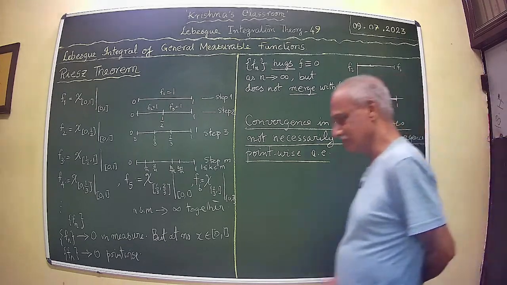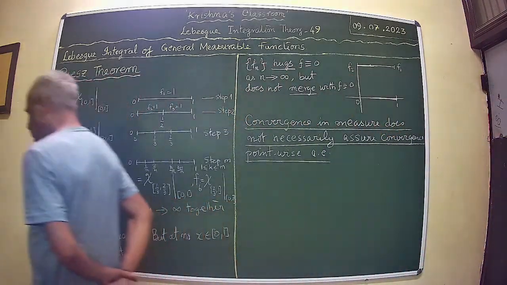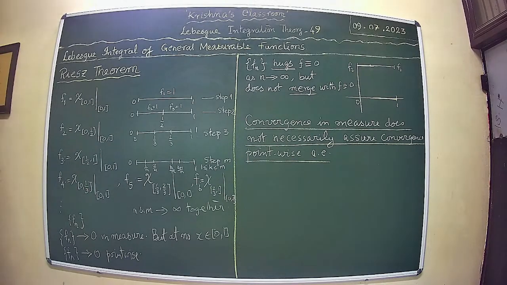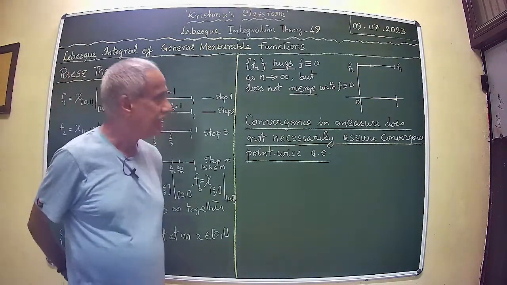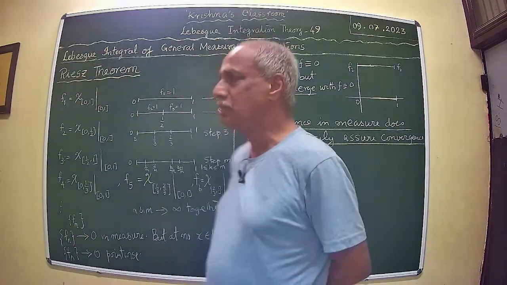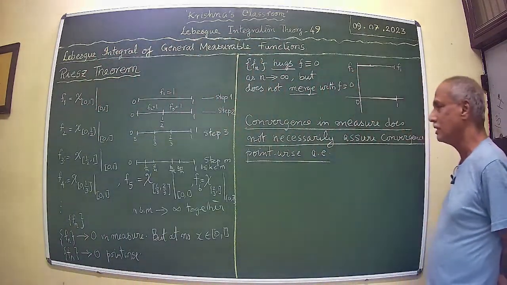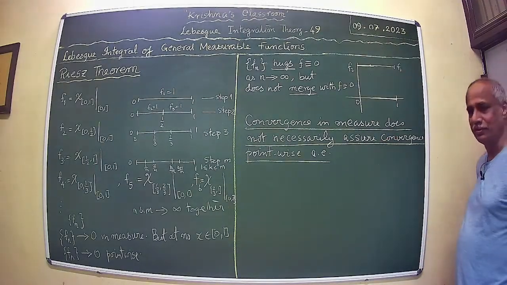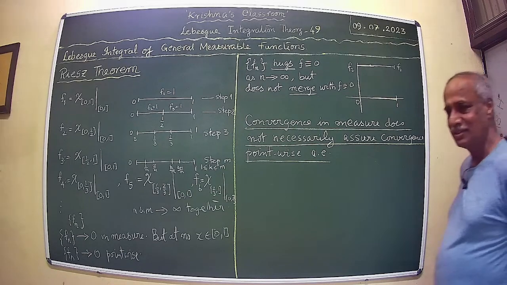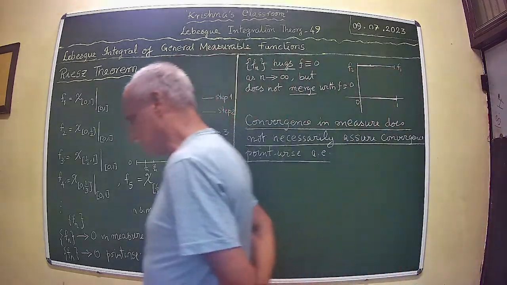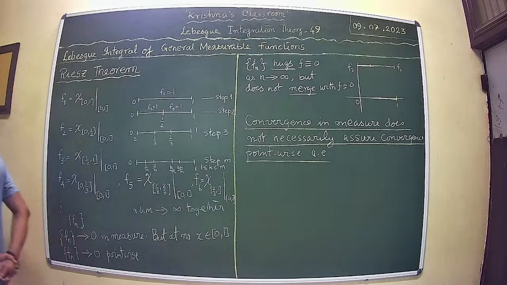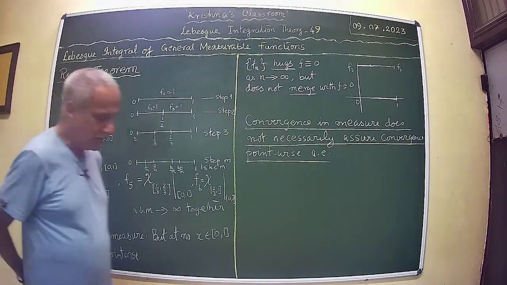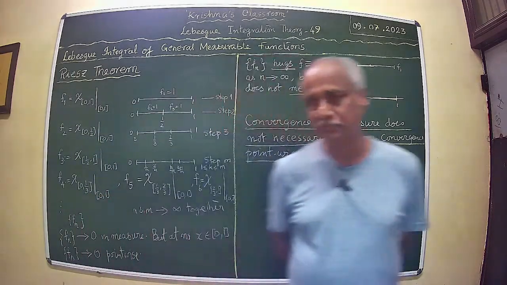That's obvious. And the convergence pointwise almost everywhere implies convergence in measure, but it doesn't happen the other way. Okay? So let us ask what best you can expect under this scenario.